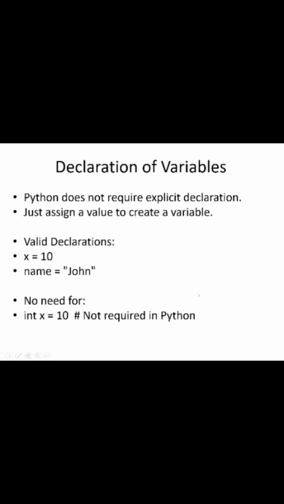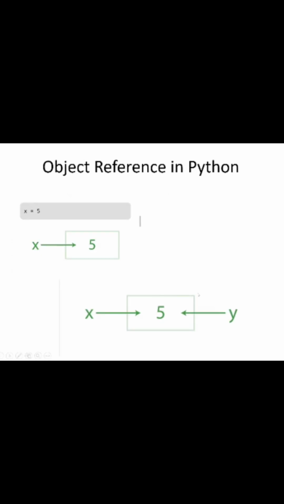Next one is object reference in Python. Let us assign a variable x the value 5. When x is equal to 5 is executed, Python creates an object to represent the value 5 and makes x reference this object.